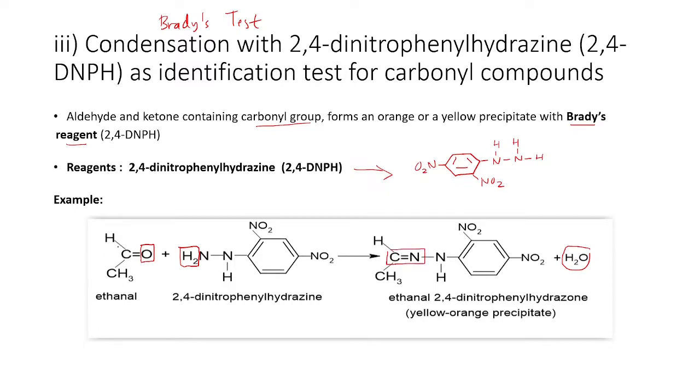Okay, this is the carbon that is attached to the N. The carbon can be attached to the N because this thing is being displaced. Okay, so this is the double bond. Whether you have aldehyde or ketone, the same reaction will occur at the C double bond O part. Okay, so the structure will be like this.